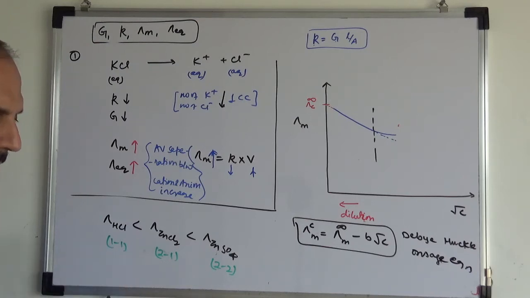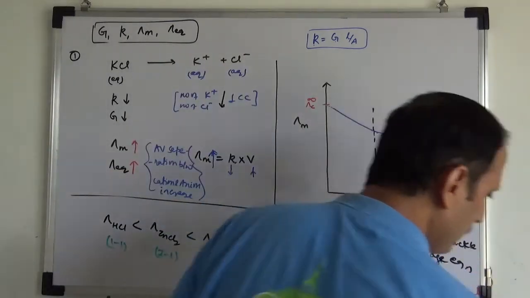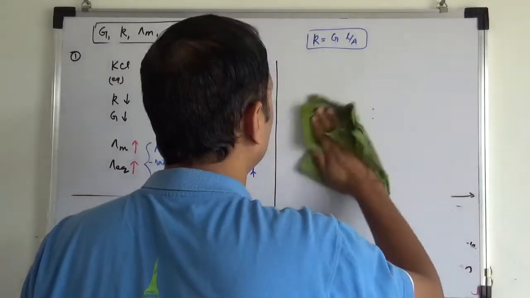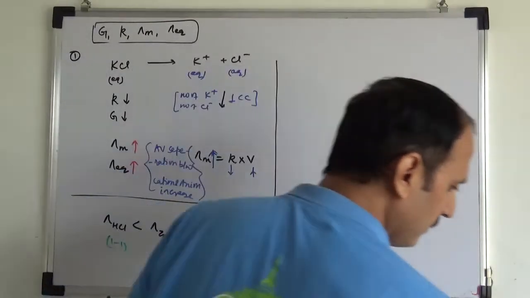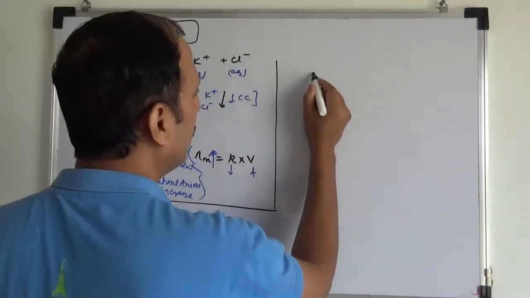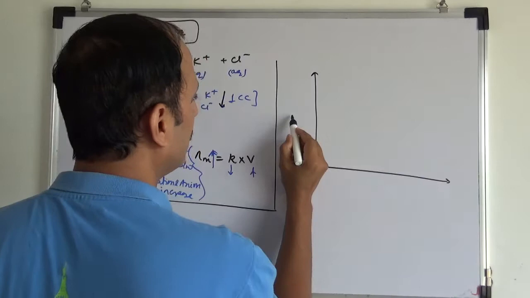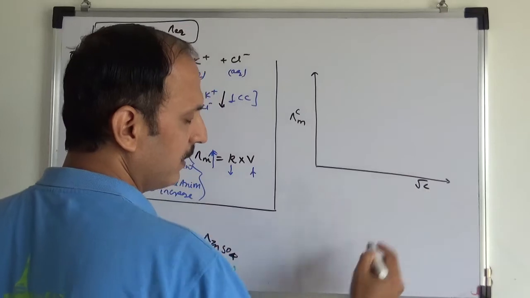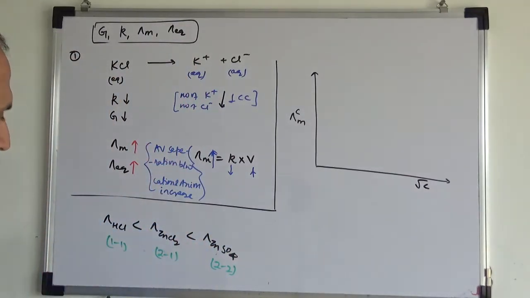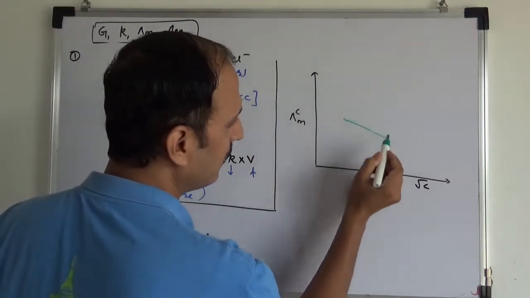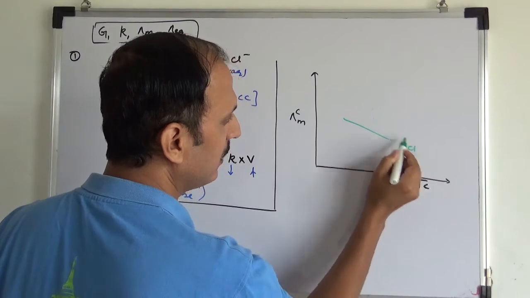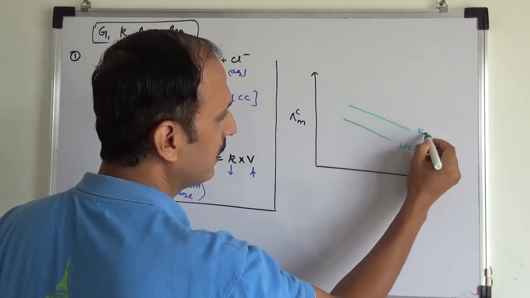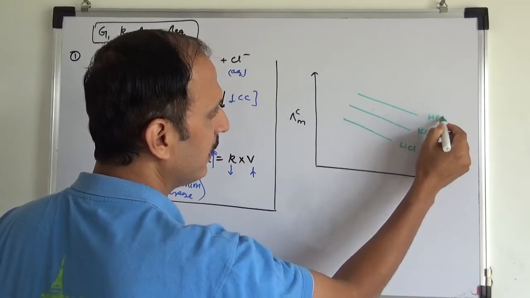So this is basically the trend. If I tell you to draw, let's say for the same, molar conductance at a given concentration versus square root of C. Here are the graphs for small concentration: this is LiCl, this is KCl, this is HCl.